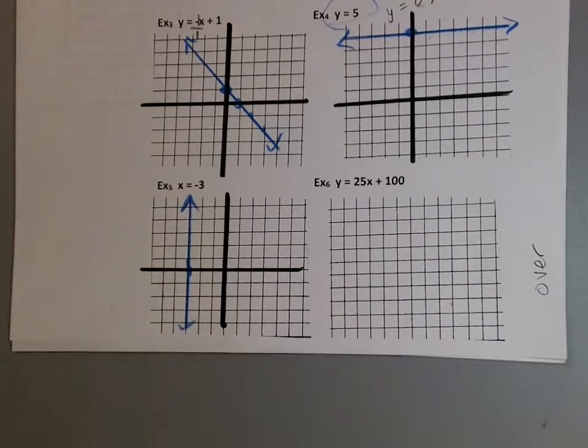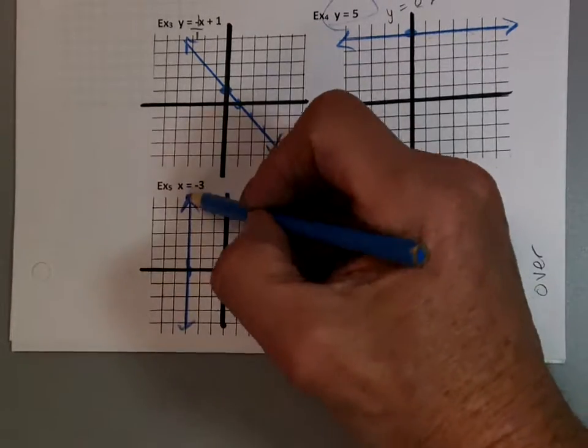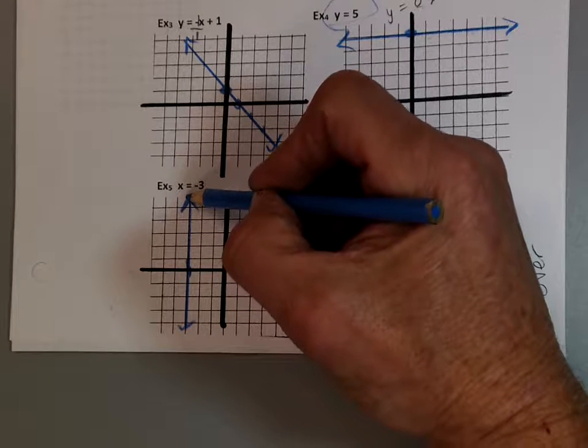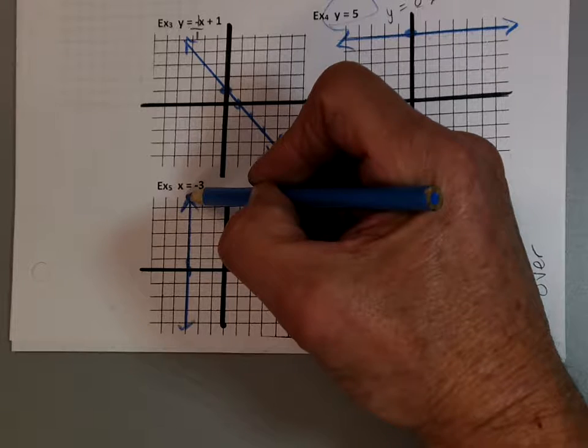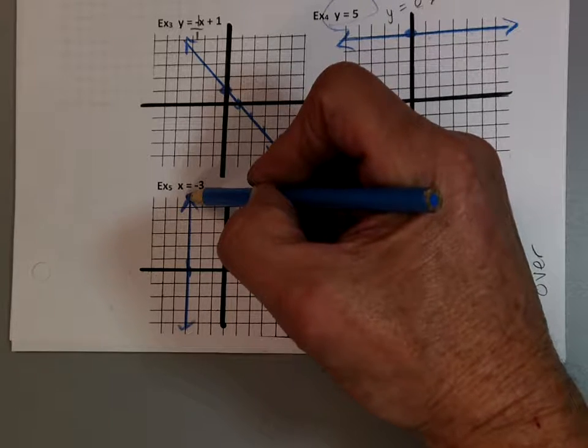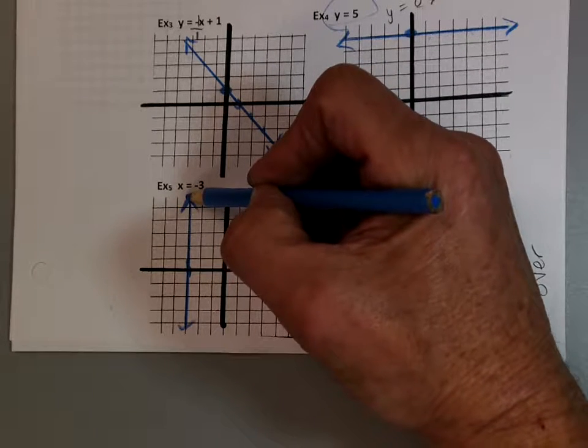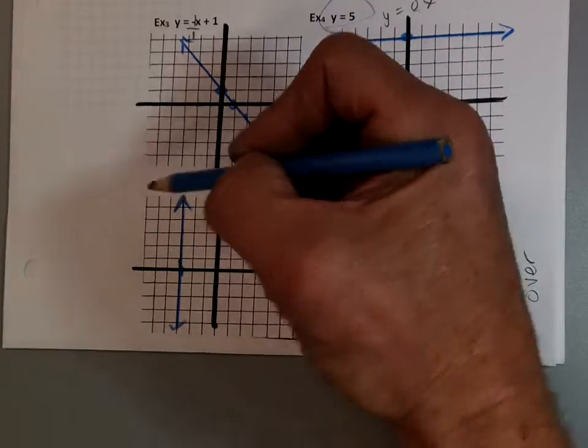Now, here's how you can remember the slope. The slope is undefined, but here's how you can remember it, always. Ski this. You're going to die, right? I don't care how good you are. You could be the best in the world. You ski this, you're going to die. So the slope doesn't exist.